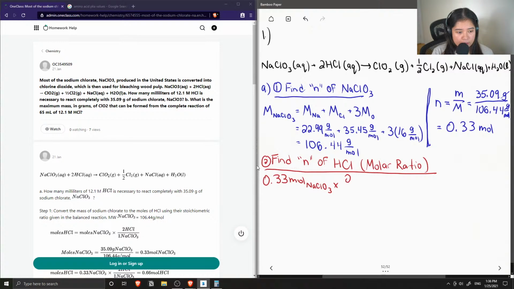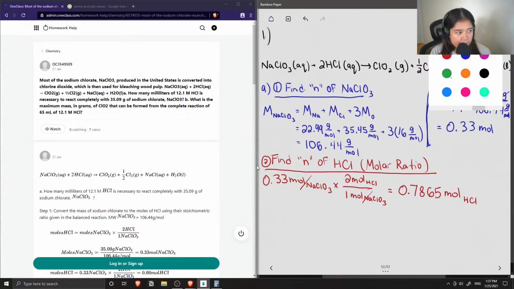We know that 2 moles of HCl are needed for every 1 mole of sodium chlorate, and we find the molar ratio by using our balanced equation. You know you did it correctly if your moles of sodium chlorate cancel out and you're left with the number of moles of HCl. In this case, we get 0.7865 moles of HCl.